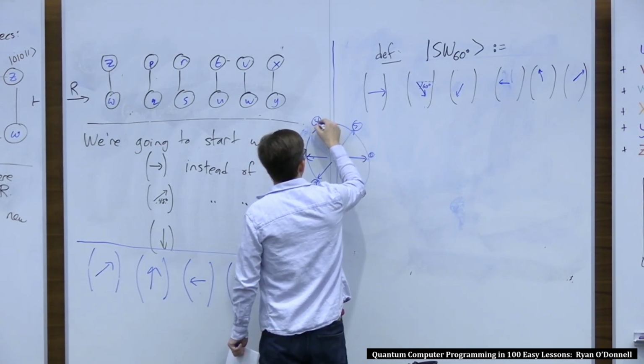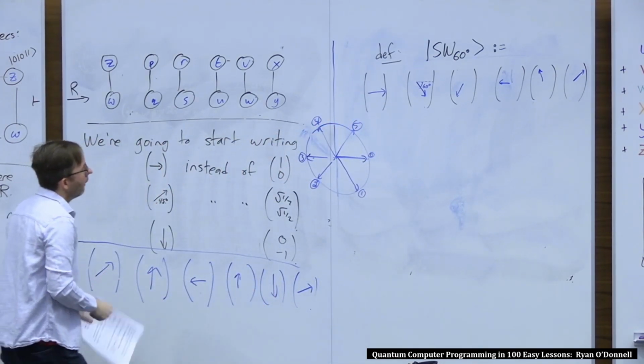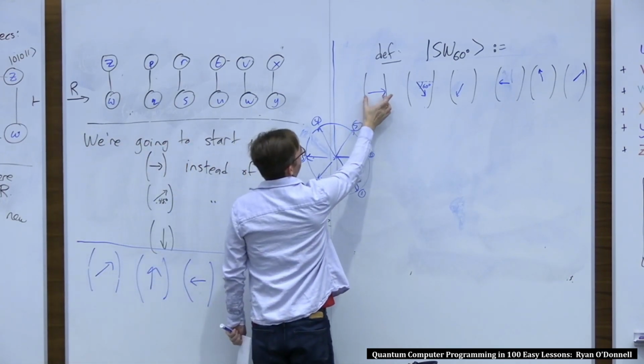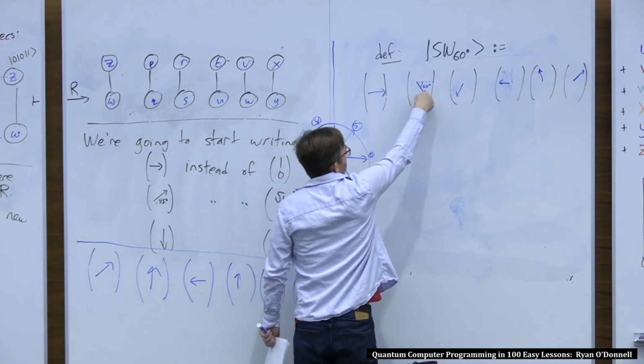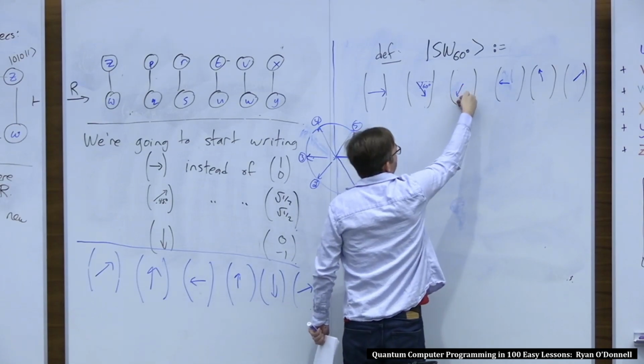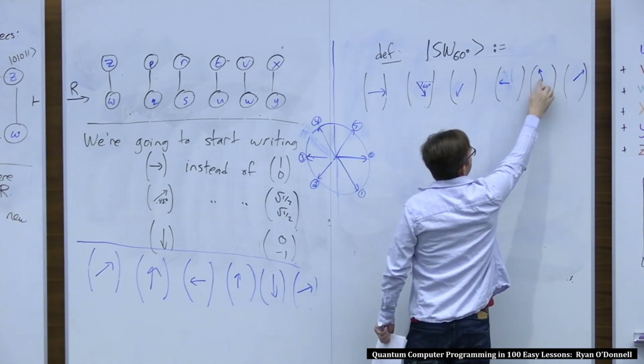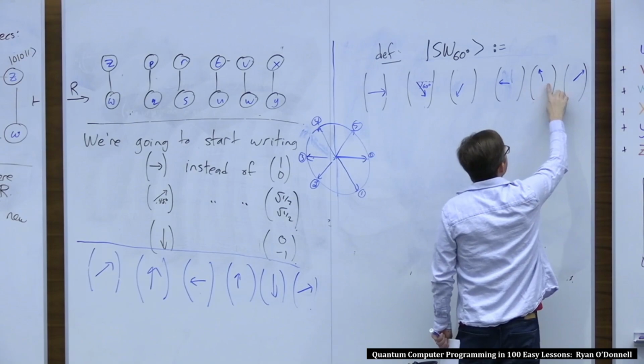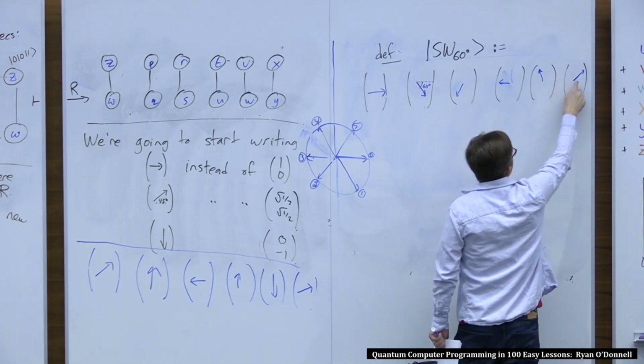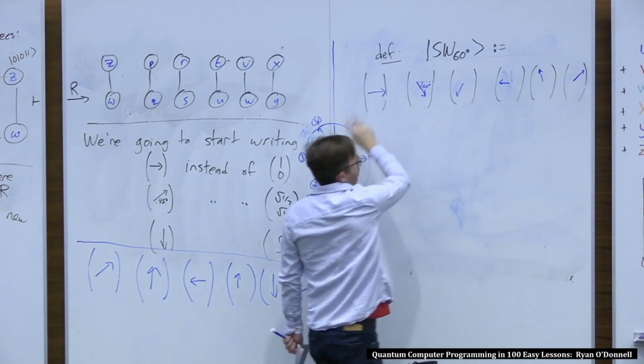OK, it looks like a snowflake. Imagine this is a clock, and this is like 3 o'clock, and then you go 60 more degrees to this. You go 60 more degrees. This is like 9 o'clock. 60 more degrees. Anyway, you go 60 more degrees, you get here. 60 more degrees would take you back here.